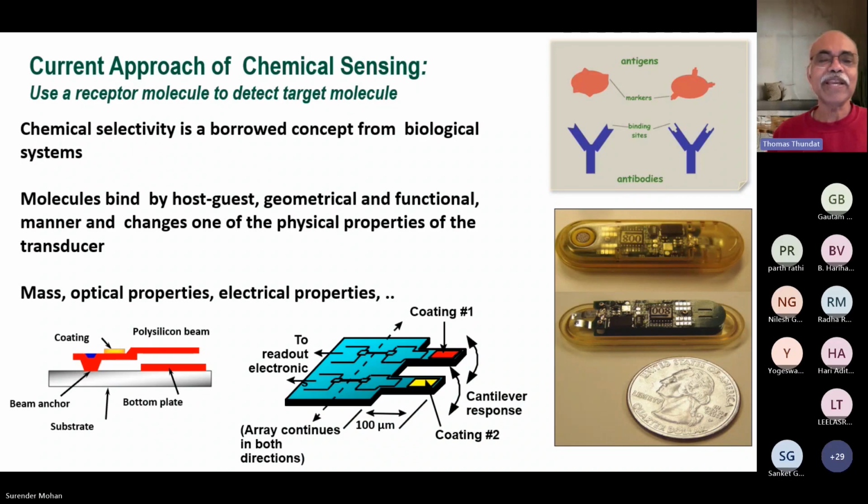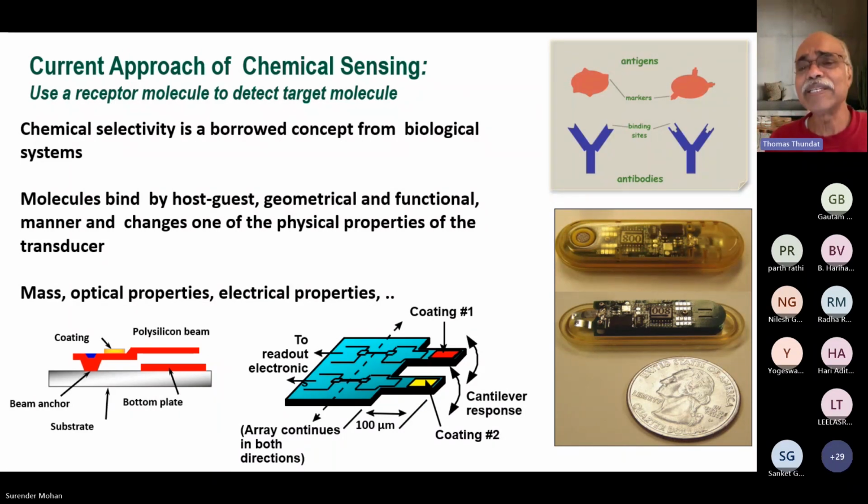So if you have an array of cantilevers, you can have each of these cantilevers modified with a different type of chemical interfaces or receptors. You can detect almost an array of chemicals or biological analytes present in a medium.